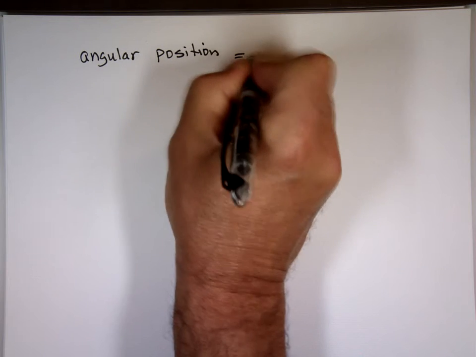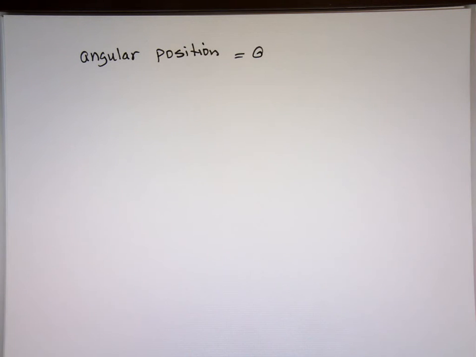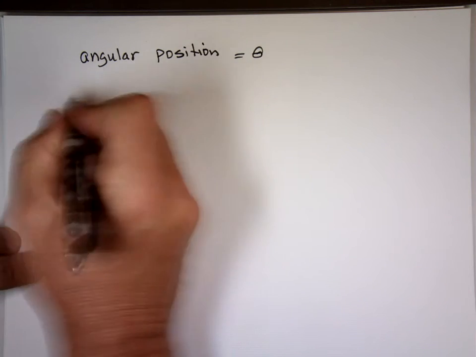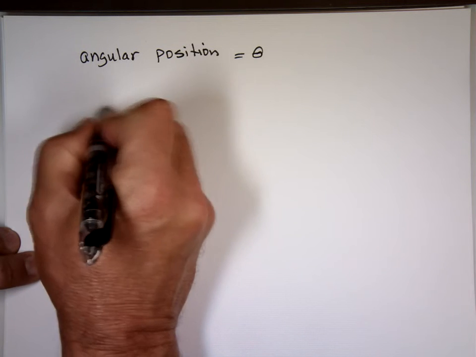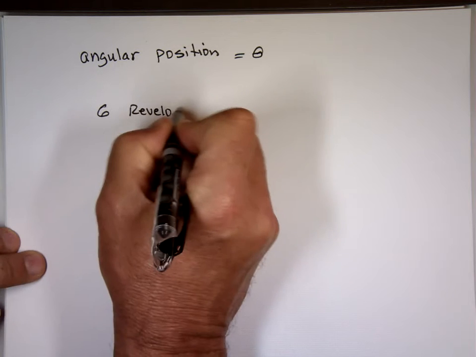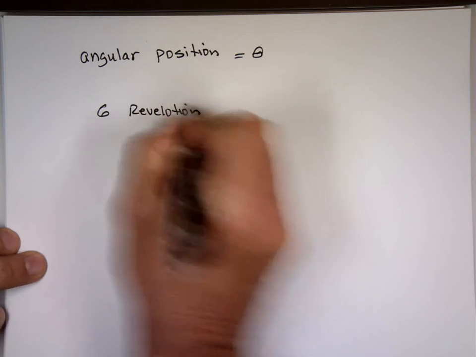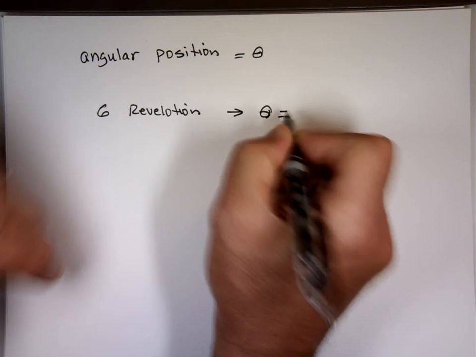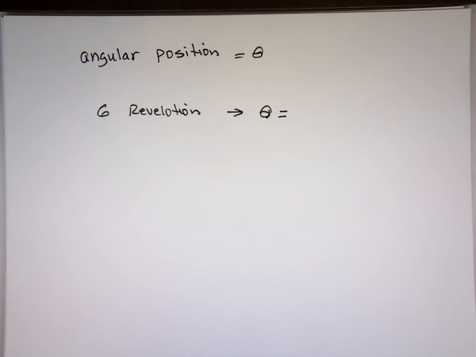we use theta for that. How far did you go? If you did 6 revolutions, for example, we say, what is your theta? What's your angular position? How far did you travel? Well, we know each turn, each revolution is how many radians.